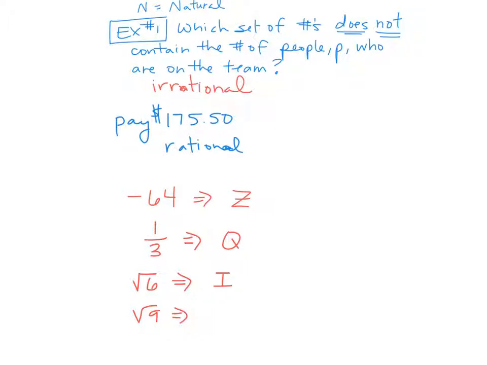It could be any of those. You would probably call it natural for its most specific, but it could be natural, it could be whole, it is an integer, and it is rational. Okay. Questions on that?